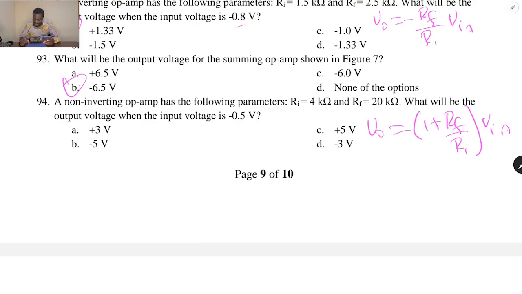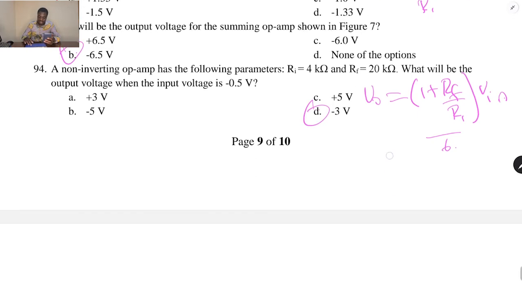So you can see that RF is 20 kilo ohms divided by 4 kilo ohms. So you get 5, plus 1, that will give us 6. Now 6 times minus 0.5. So you get minus 3. So the answer here is D.